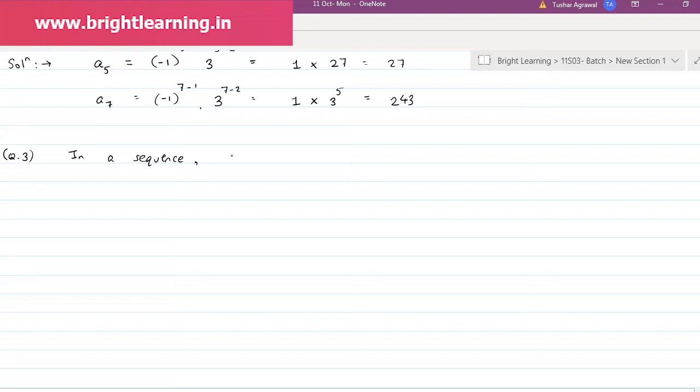In a sequence, an is equal to... I'm not reading the question because I want you to interpret the question yourself. What actually does the question want to say? I'm purposefully not reading it.